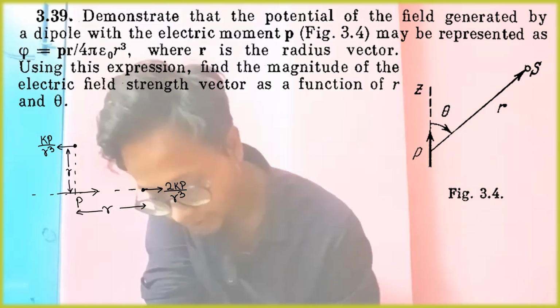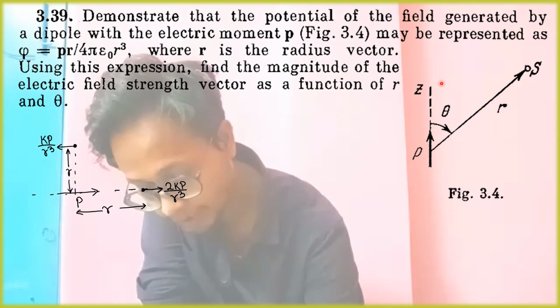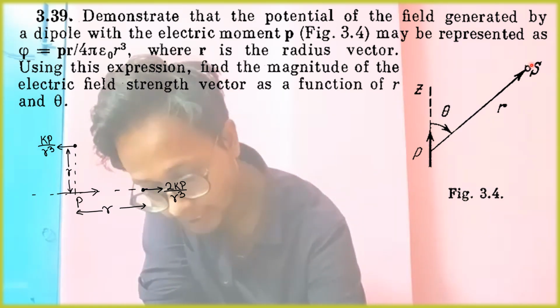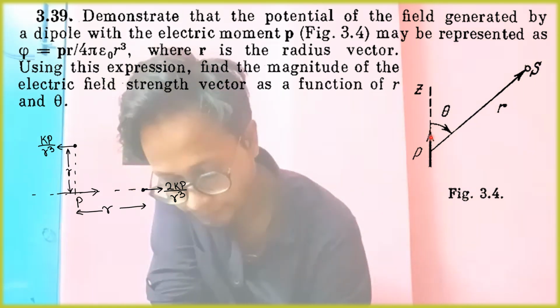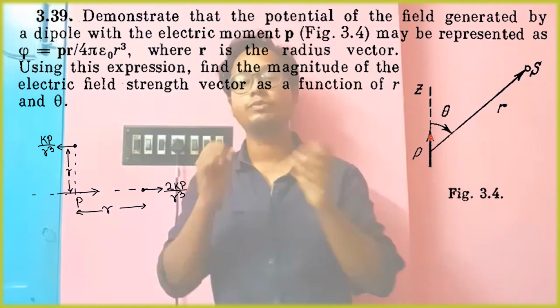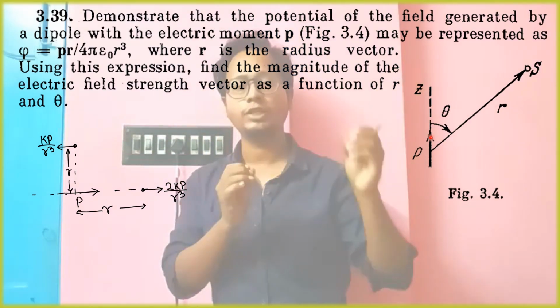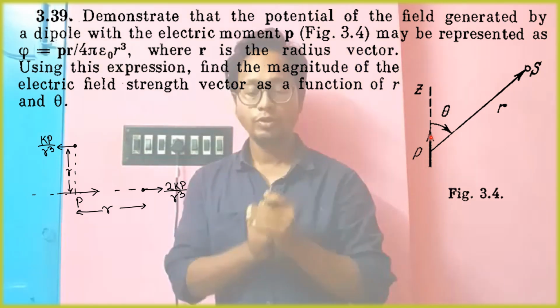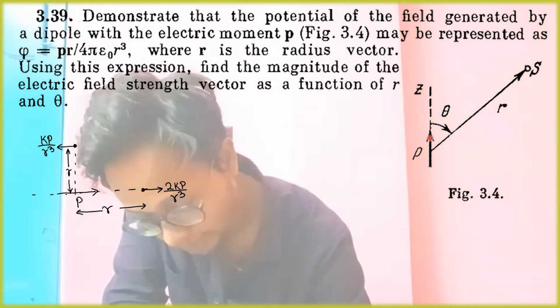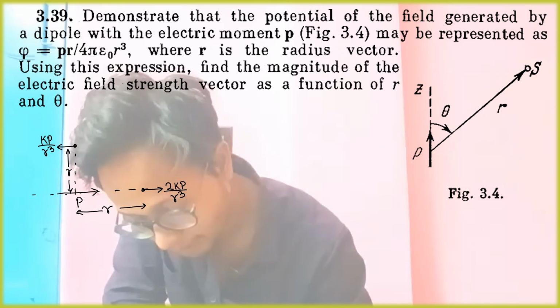Now the question that is given here is, if a dipole exists like that, what is the electric field at point S? Whenever such questions exist, we have to find the electric field due to a dipole at an arbitrary position, not equatorial or axial. So what you have to do is resolve the dipole into two perpendicular dipoles.